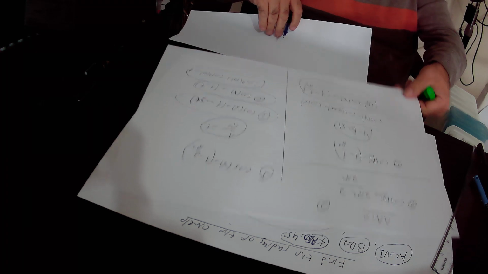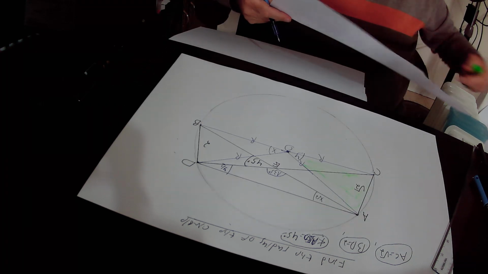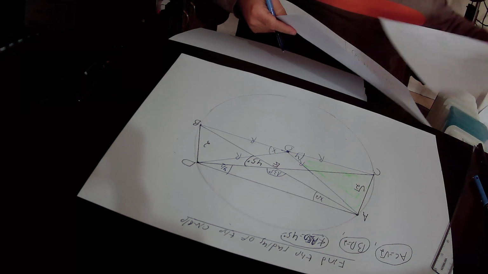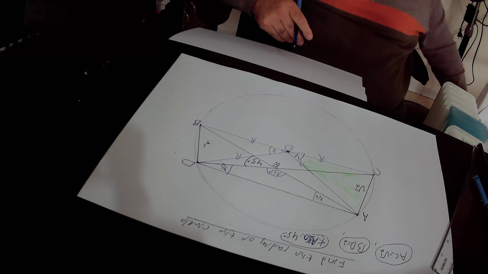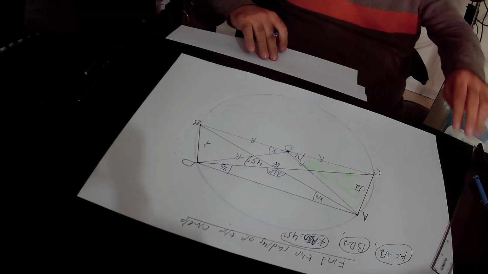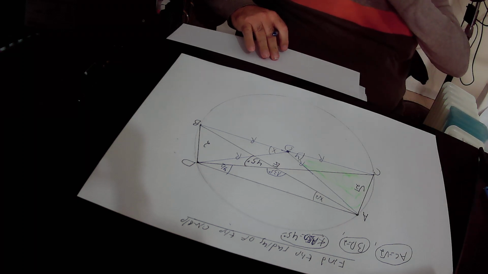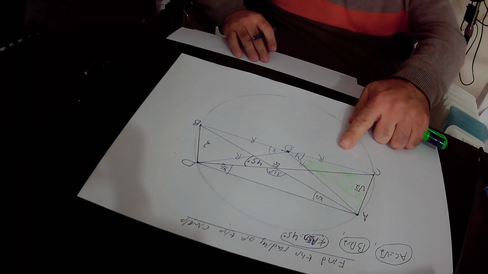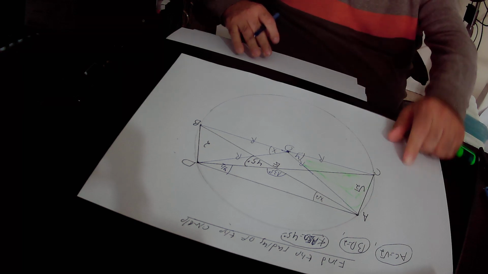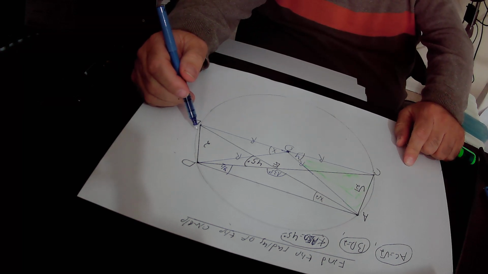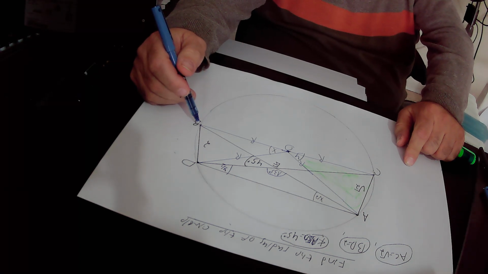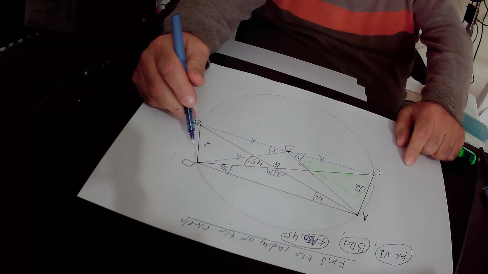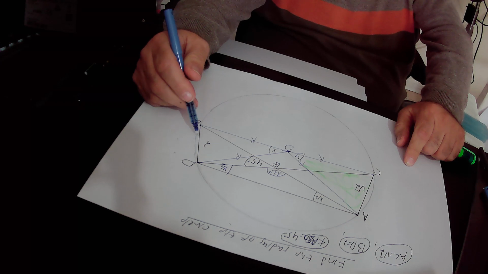So here we have chord DB. Chord DB is not the diameter of this circle.